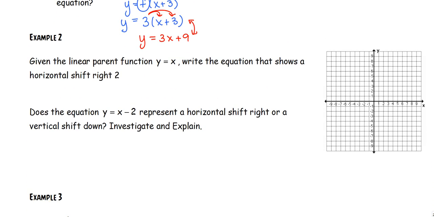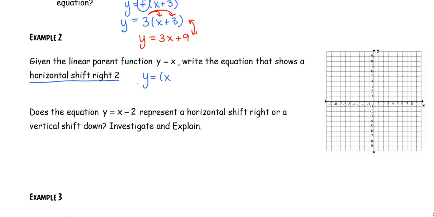All right, our second example. Given the linear parent function y equals x, write the equation that shows a horizontal shift right 2. So I think about the fact that I know that it's a horizontal shift, so that's going to happen inside of the parentheses. So I've got y equals inside x. I'm going to go right 2.